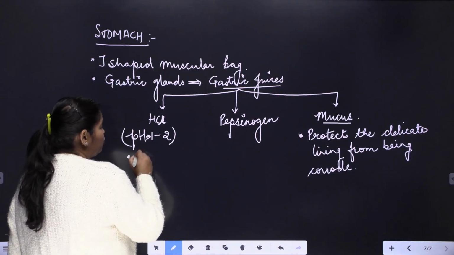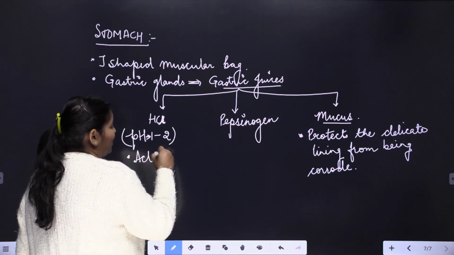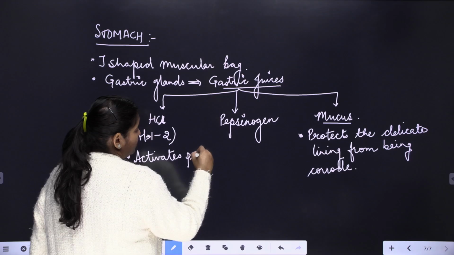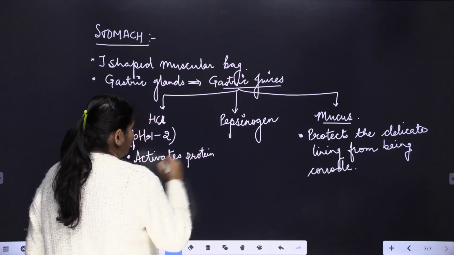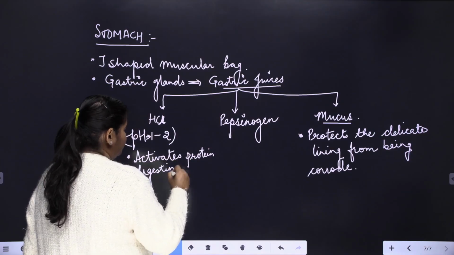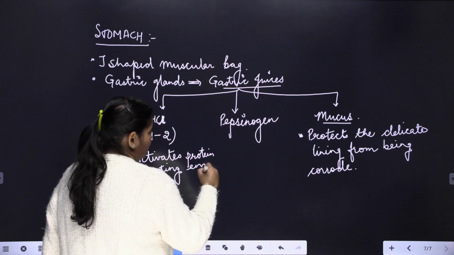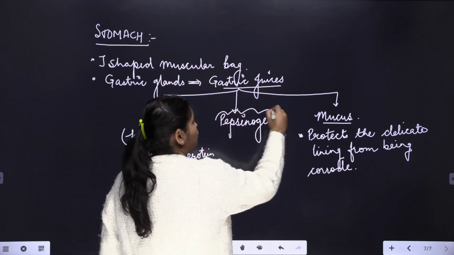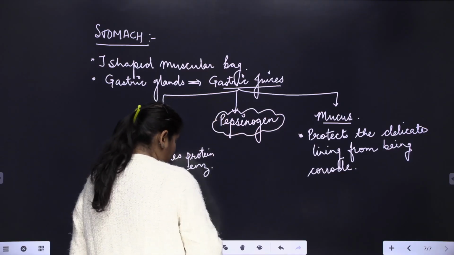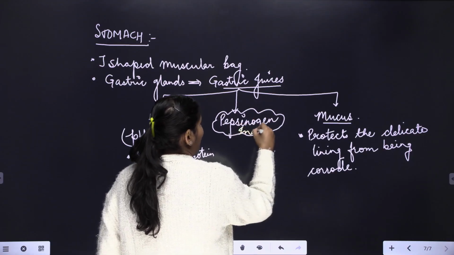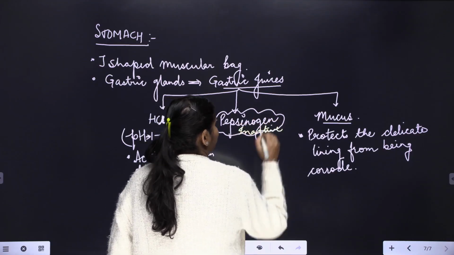Firstly, what it is doing, it activates the protein digesting enzyme. Now, what does this mean? That means this pepsinogen that was present, this pepsinogen is in the inactive form.